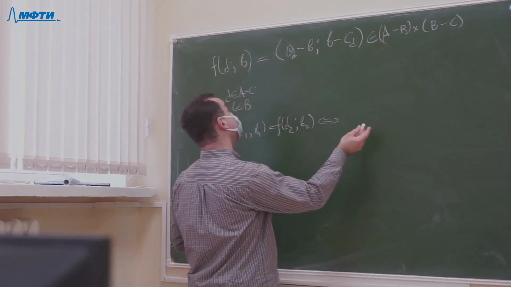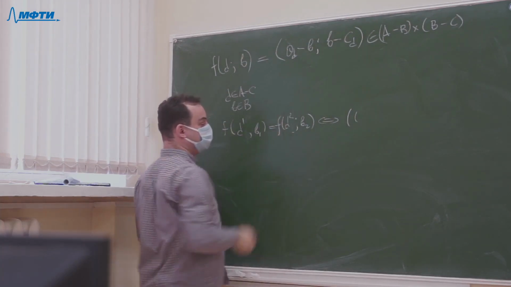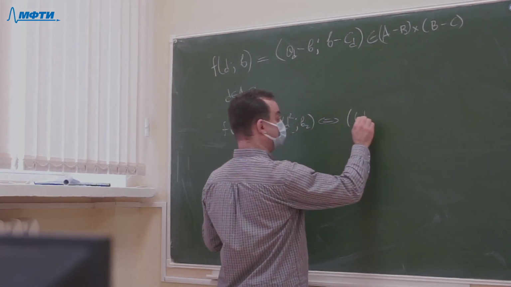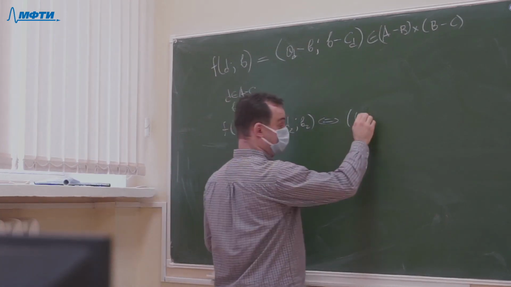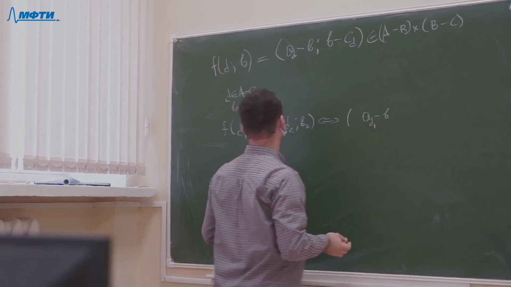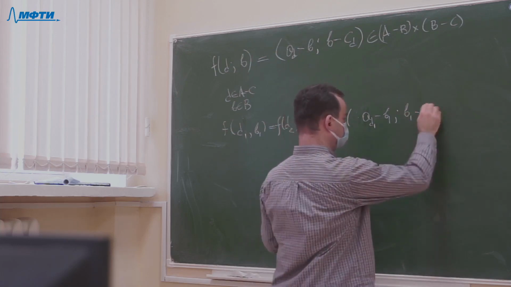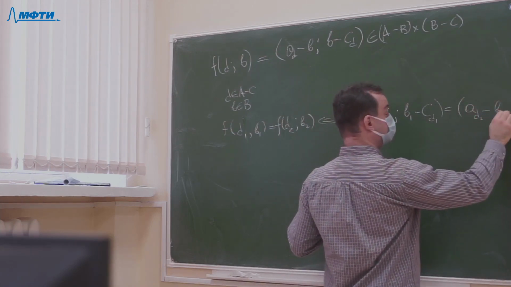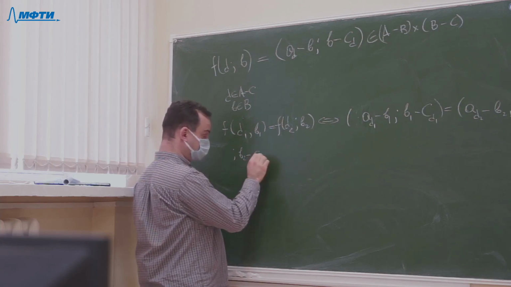Well, then this means, let's denote this way, it's a d1 minus b1, the pair a d1 minus b1 and b1 minus c d1 equals the pair a d2 minus b2 and b2 minus c d2, right?